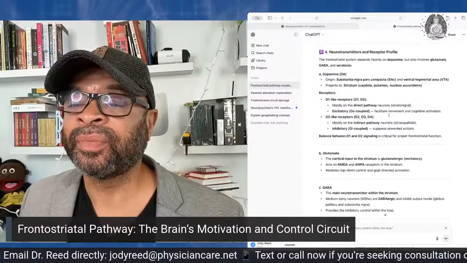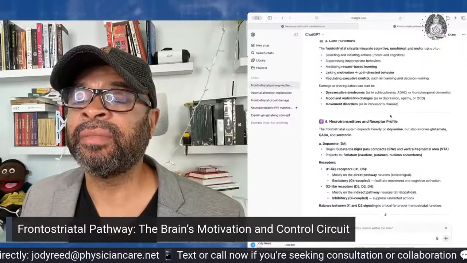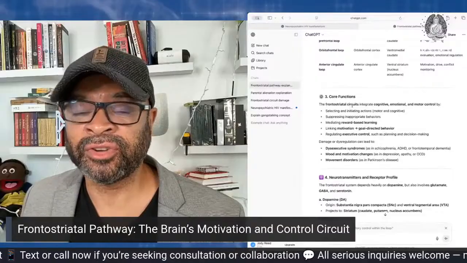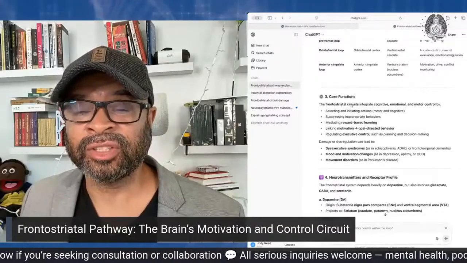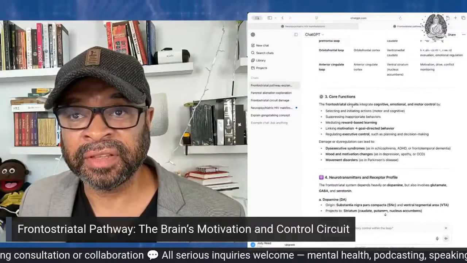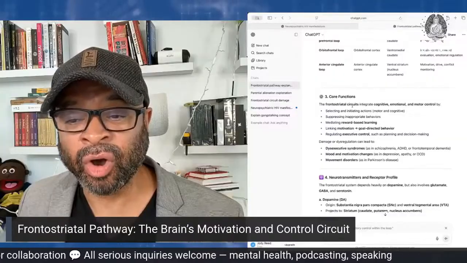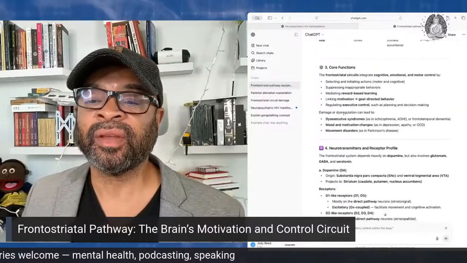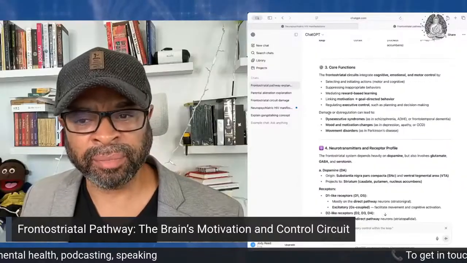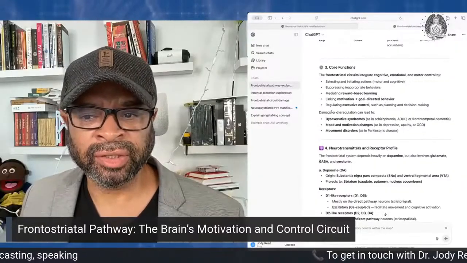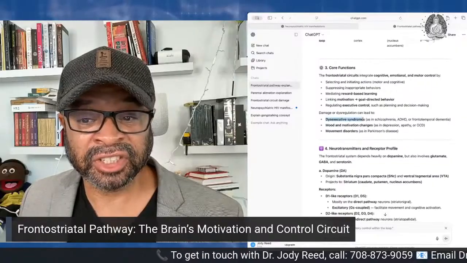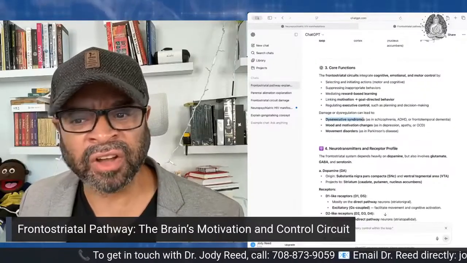Because remember, we're talking about this frontostriatal circuit, and the main neurotransmitter is GABA, and GABA is the target of alcohol, right? And so remember, alcohol impairs the frontostriatal circuits, and you get the executive dysfunction syndrome. Like, why did you do that? I don't understand that.